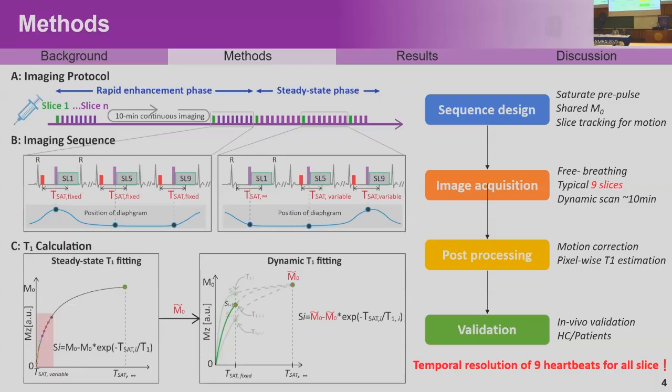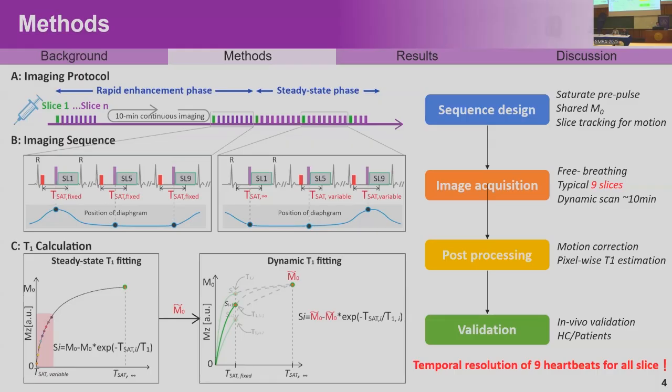The image was acquired at the position when the diaphragm is more stable. After that, we do the steady state phase, after the contrast has been injected into the patient for a while.